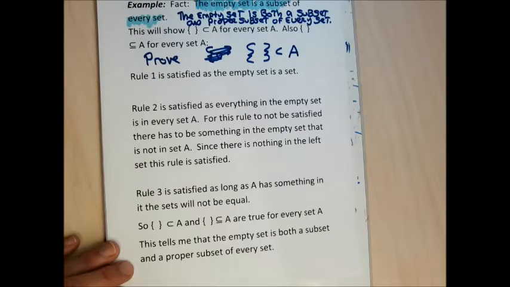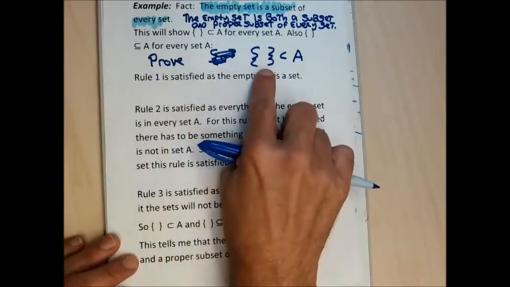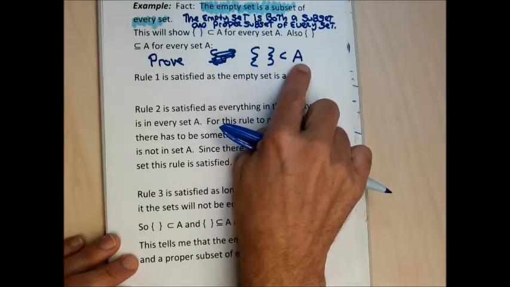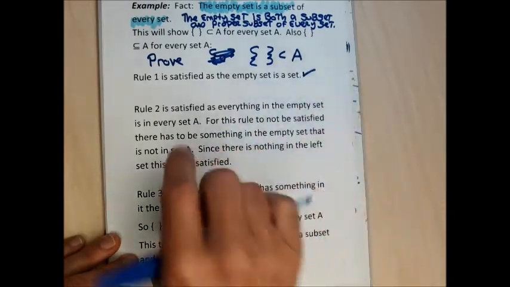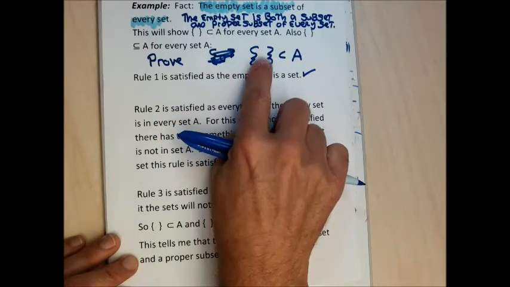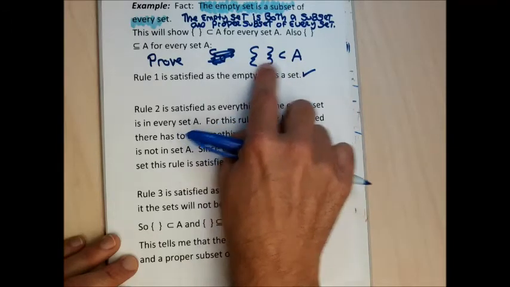To be a proper subset, we need to satisfy 3 rules. Well, let's look at the first 2 rules. The first rule is satisfied because the empty set is a set. To be a subset of any set, an arbitrary set, you have to be a set. And then rule 2 would be every element in the left set is also in the right set. Well, there's no elements in here, so you can't violate that.